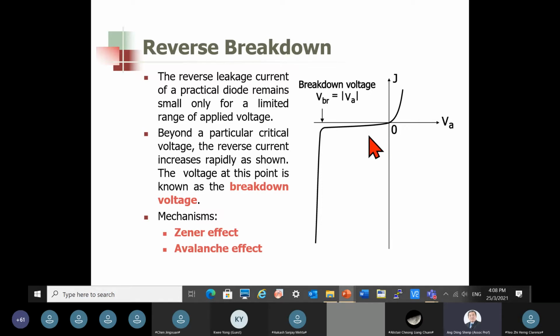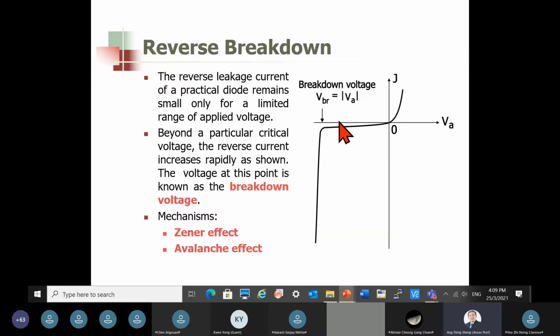Now, what we are interested in today is to understand why, when you keep increasing the reverse bias, there will be a point whereby the current through the diode will also increase very significantly, as shown here. The voltage at which this happens is called the breakdown voltage of the diode.